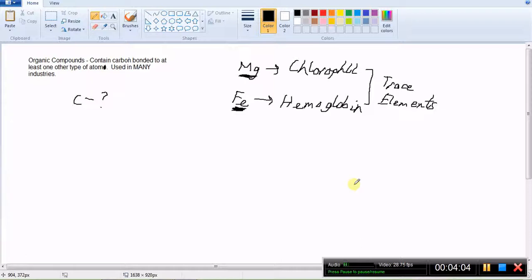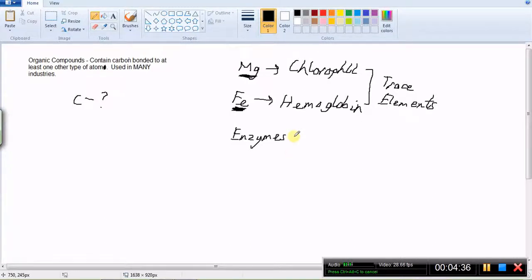One other really important class of compounds that use trace elements is enzymes. Enzymes are proteins in your body, and they're the things that help chemical reactions happen. Almost all of the chemical reactions in your body use enzymes to make them go either better or faster.